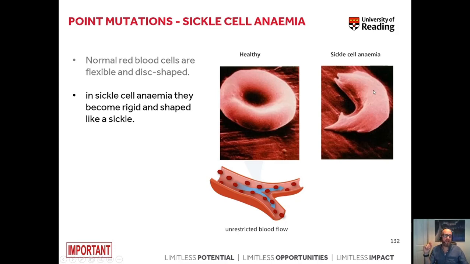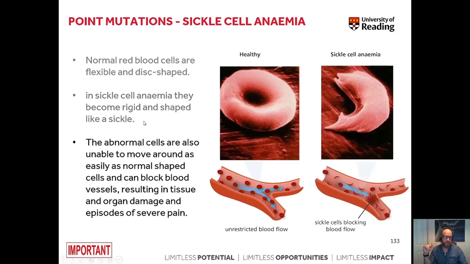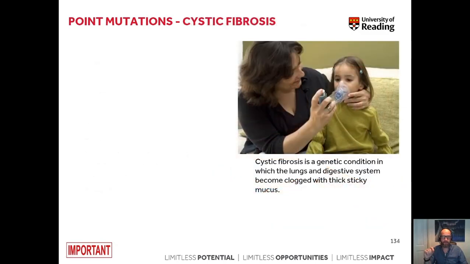They look like sickles and become rigid, therefore blocking several blood vessels. Those abnormal cells are unable to move as easily as normal blood cells and result in tissue and organ damage, and also in episodes of severe pain.